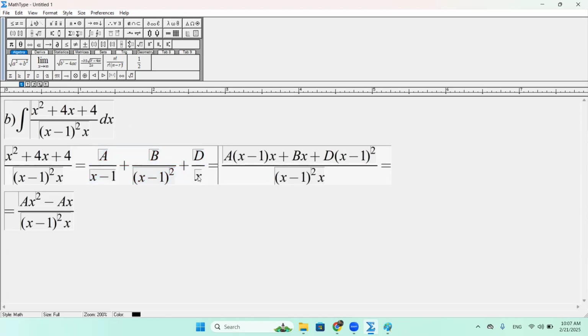For d, we need to find the common denominator. It looks like this. So what is missing for d? x minus 1 in power of 2. So we need to multiply it by x minus 1 in power of 2. I understand. I thought that under a we also need to multiply by this denominator.